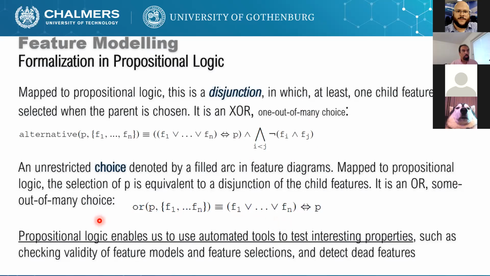So propositional logic enables us to use automated tools, as I mentioned, to test interesting properties. If somebody wonders why we need all this mess, it's just to enable us to represent and encode these relationships in a way that a computer can do the analysis and produce the variation and the configuration for us.